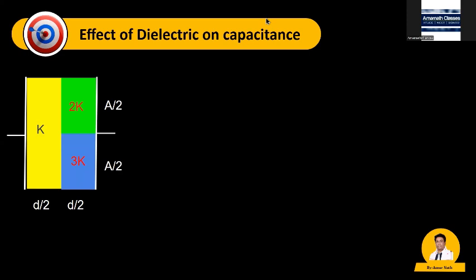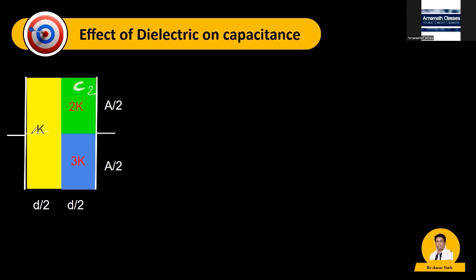I'll discuss it after that. Here actually, we can see, say this one is a capacitor, that is C2, I'm taking it as C2.